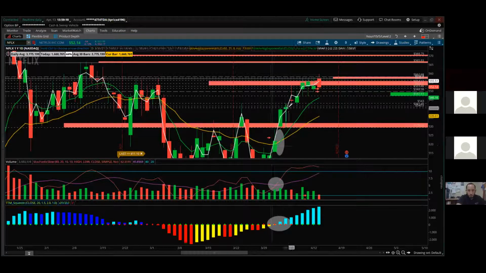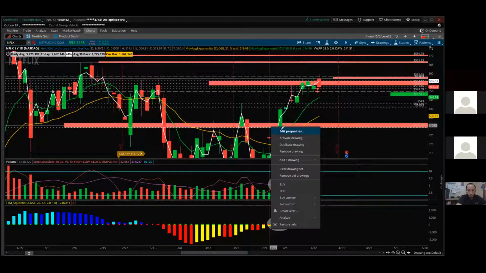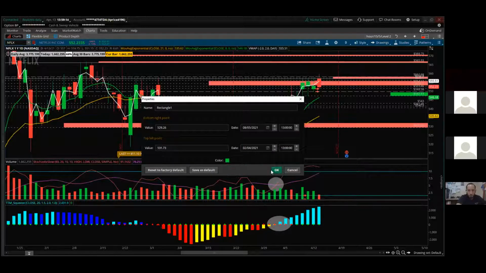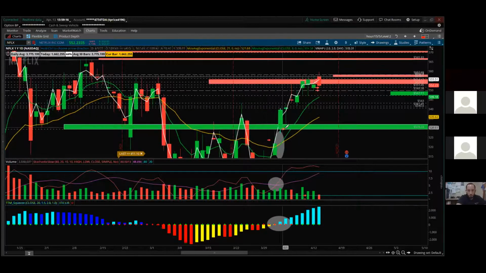But considering it ran through the supply, it is now a demand zone, right? So even if you wanted to be safe, you could have got in at 531 and still made $20, and you could have made almost $25 for risky, right? So these indicators are very powerful to use, especially on larger time frames.